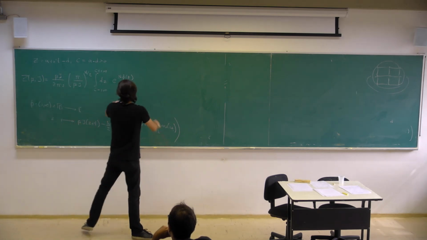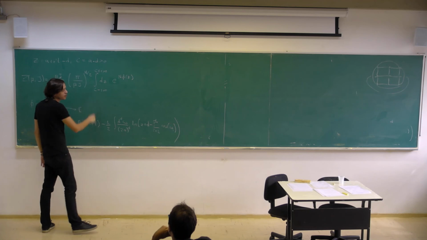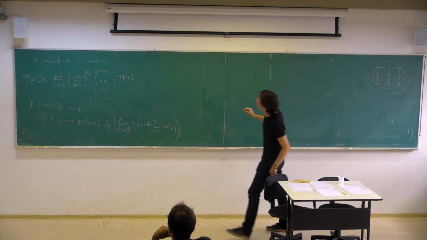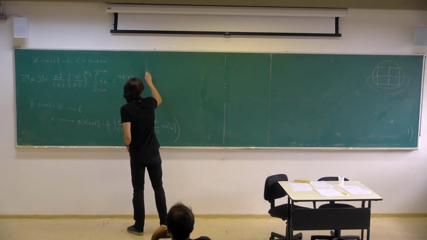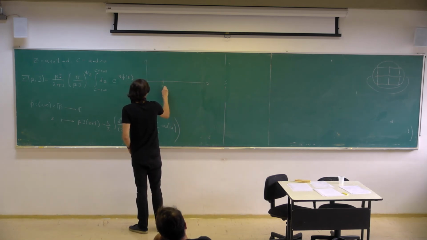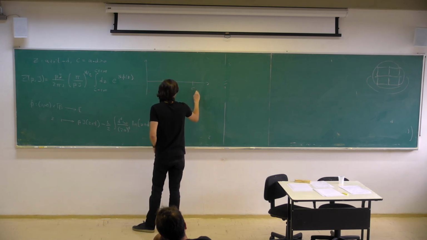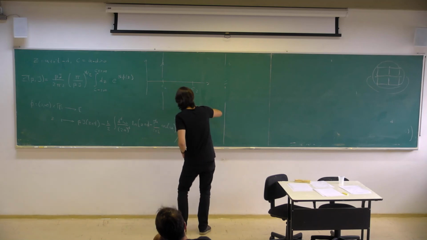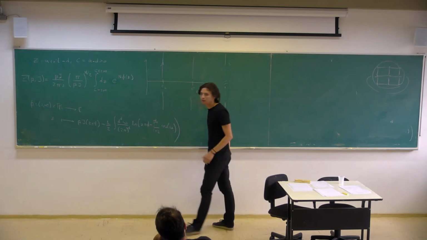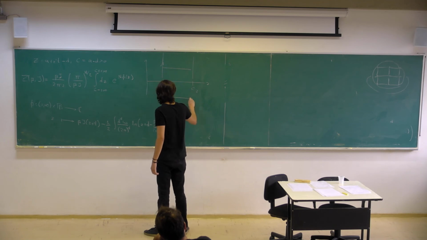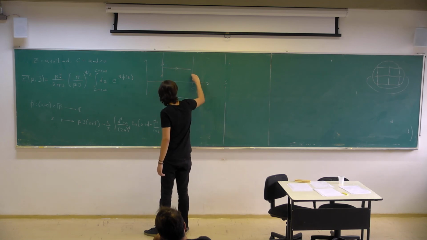And moreover, this integral actually doesn't depend on c. And the way to see that is that if I'm doing some integration over, so say this is my complex plane, and I have some c1 and some c2, I want to do an integration over this and compare it to the integration over this line. And we can interpolate between both of them by doing an integration over here, then here, then here, then here.